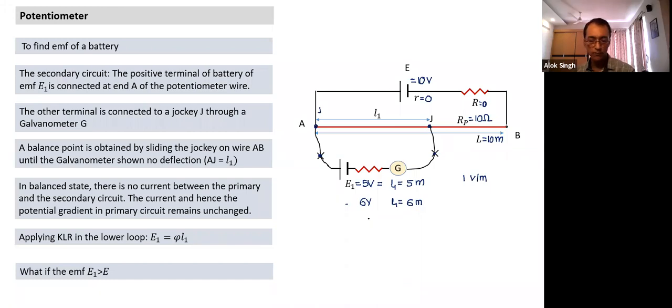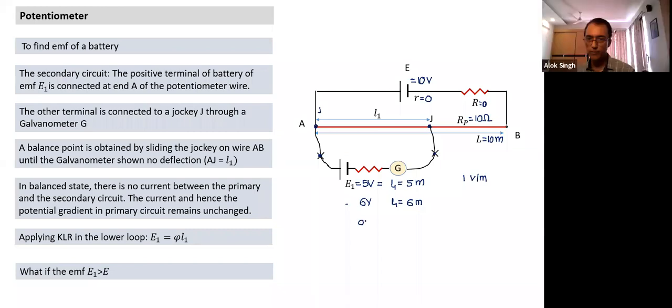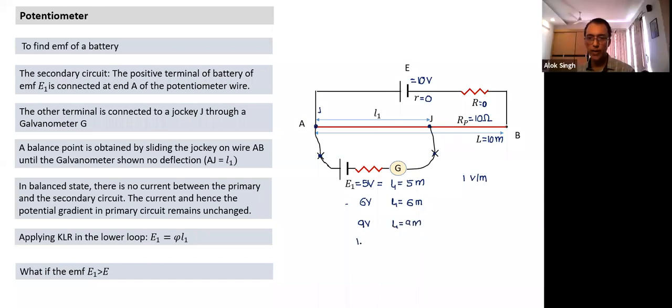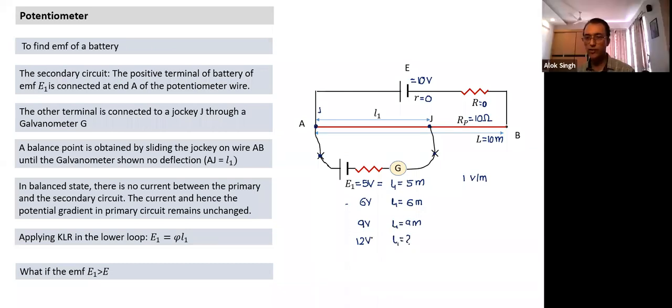Now, are you there? Yes, sir. Tell me, if I have a 9 volt battery, what will be the balancing length? 9 meters. What happens if I have a 12 volt battery? No balancing point. Does it make sense? It's 12 meters, but 12 meters is not possible, because total drop here itself is 10 volts.